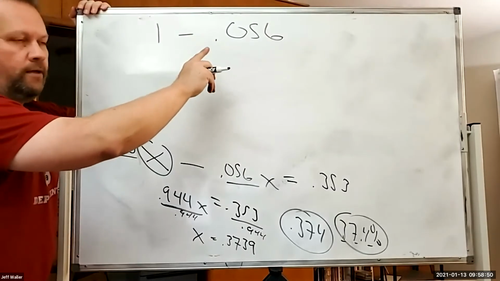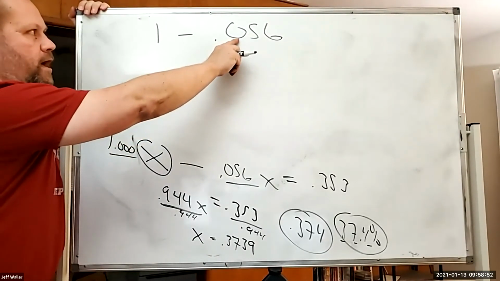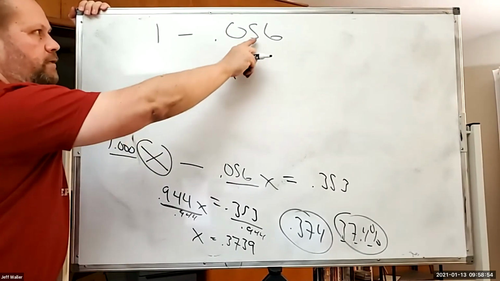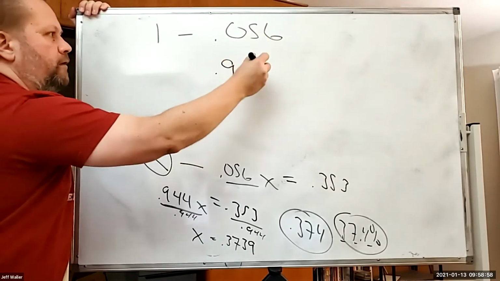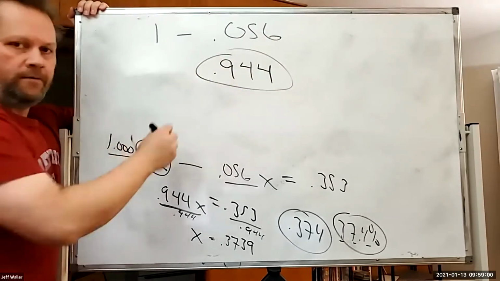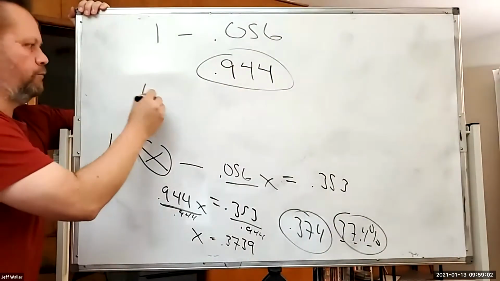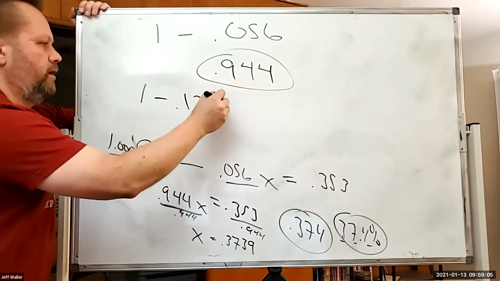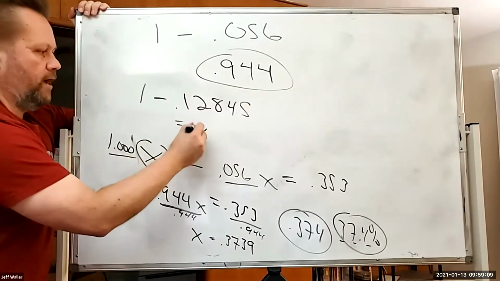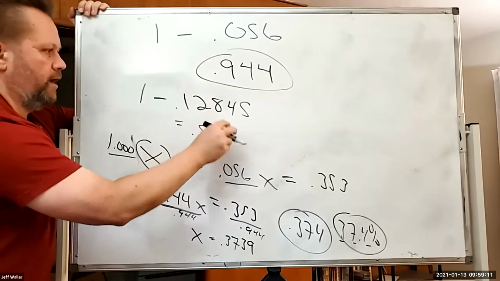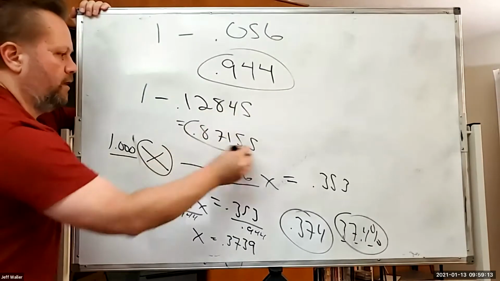This is cool. What makes that 9? 9. What makes that 9? 4. What makes the last one 10? 4. Done. So if I had 1 minus 0.12845, what makes that 9? What makes that 9? What makes that 9? What makes that 10? Done.